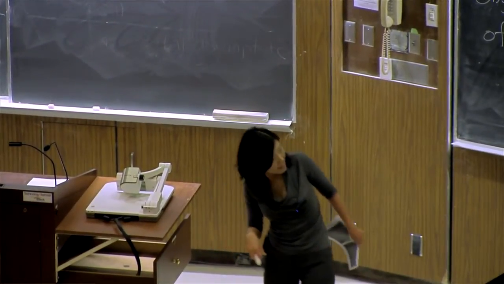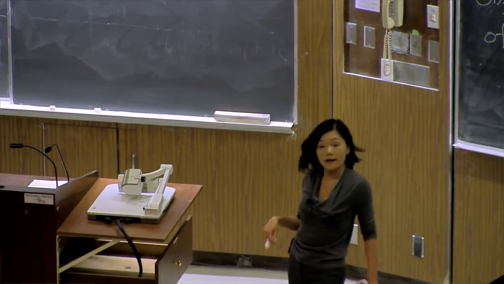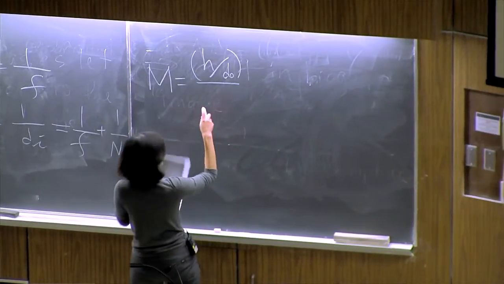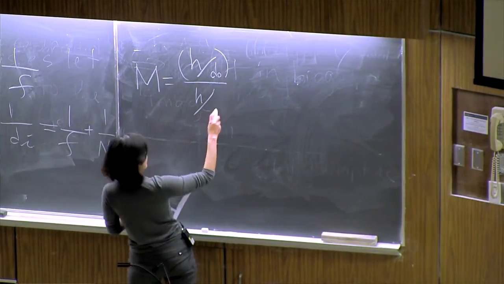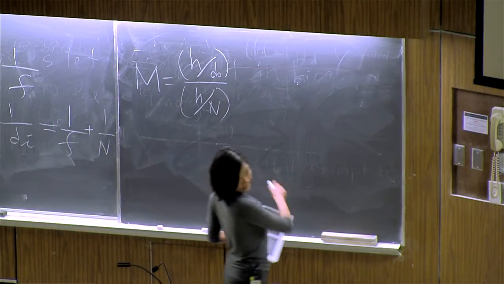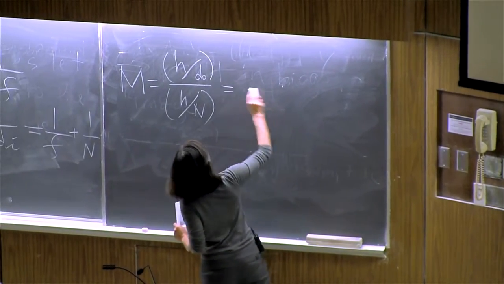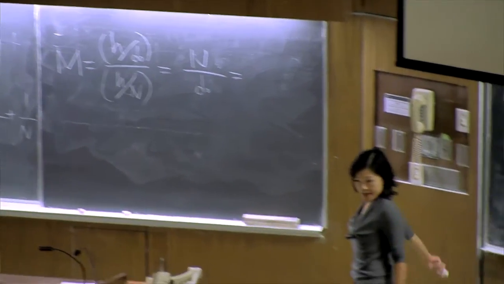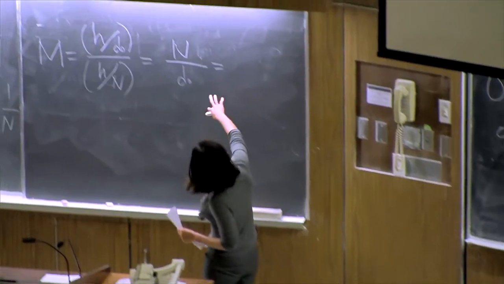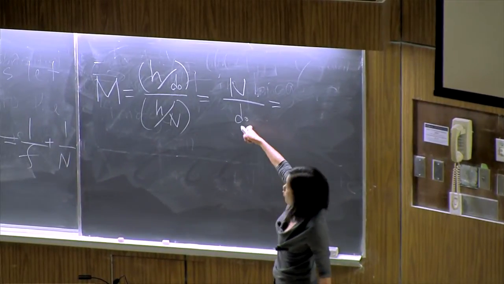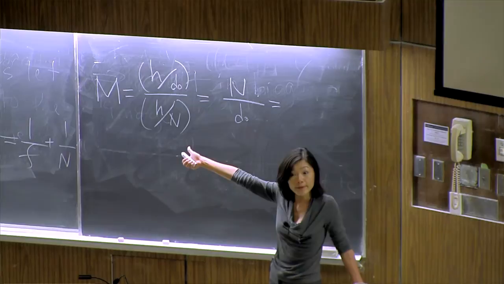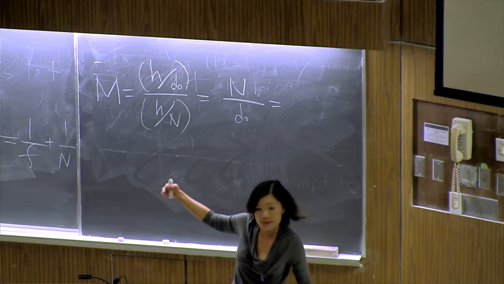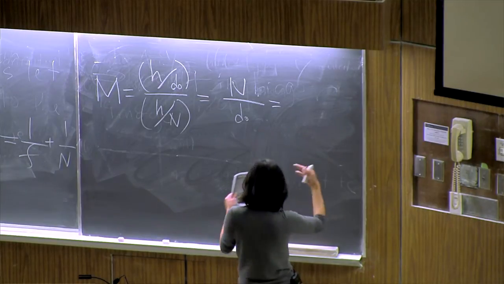So again, theta prime is h over d0, and theta is h over n. This is the near point. So h cancels h again. And now I'm going to rewrite 1 over d0 in terms of the focal length f, as well as d sub i, or n, sorry.